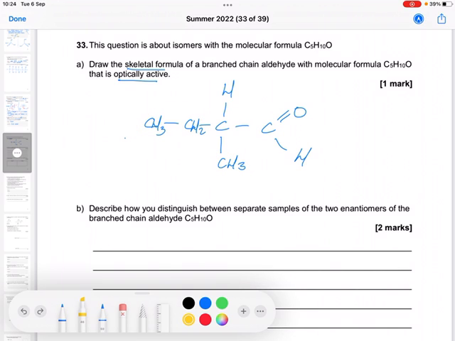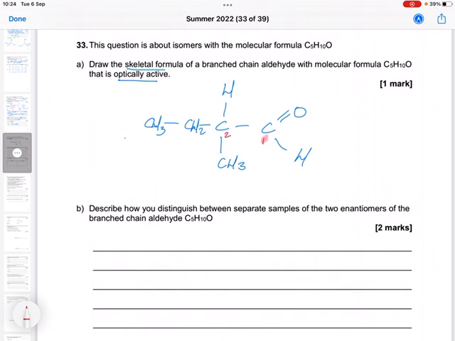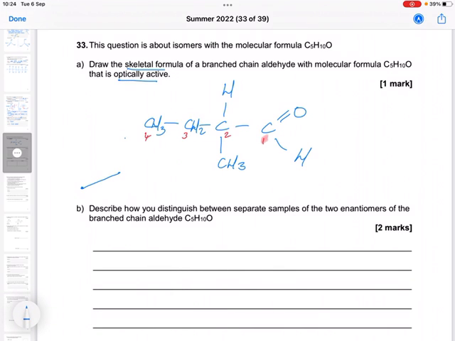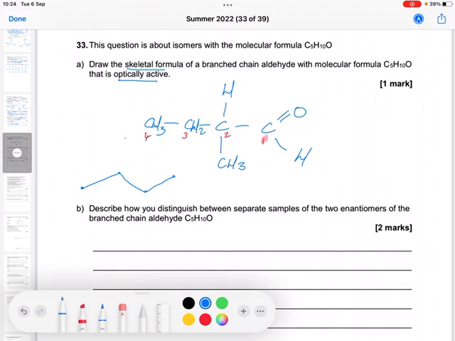Let me now try and convert that to skeletal. So 1, 2, 3, 4. I'm going to put the numbers on as well just to make it a little bit easier.